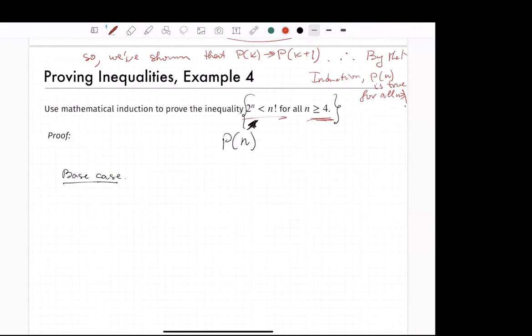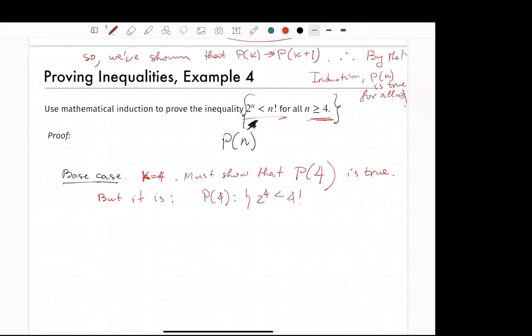Then I pay attention to this. Oh, the base case, n is 4. Must show that P of 4, and maybe we should use k here, but that doesn't matter. P of 4 is true. P of 4 says 2 to the 4 is less than 4 factorial.